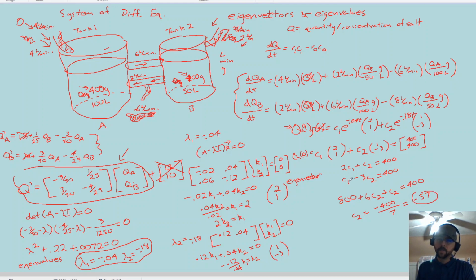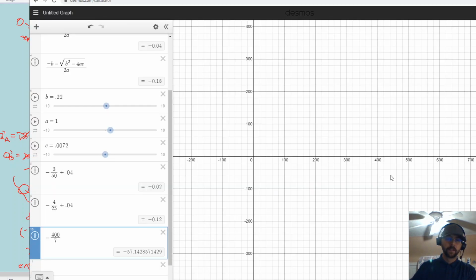Now for C1, use this one. So 400 plus 3 times C2. And I'm not going to round it yet. I'll actually use the number since I have it on the other page. So we're going to multiply it by negative 3, and then add 400. I think that's what I said.